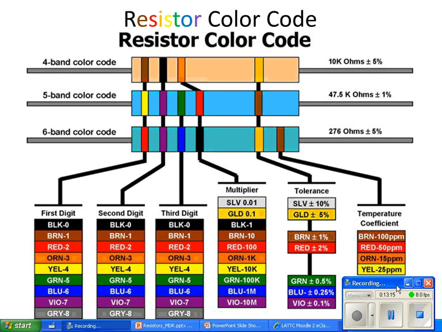And by the way, I want you to notice that in this one, it has silver and gold in the multiplier. What does silver mean? Now, black is 1. That's 10 to the 0, right? So if that's 1, then gold must be 10 to the minus 1, and silver is 10 to the minus 2.